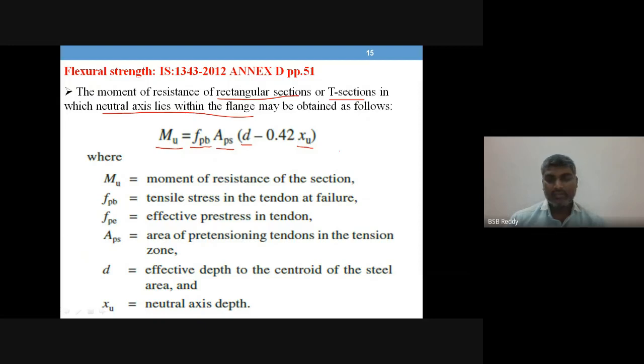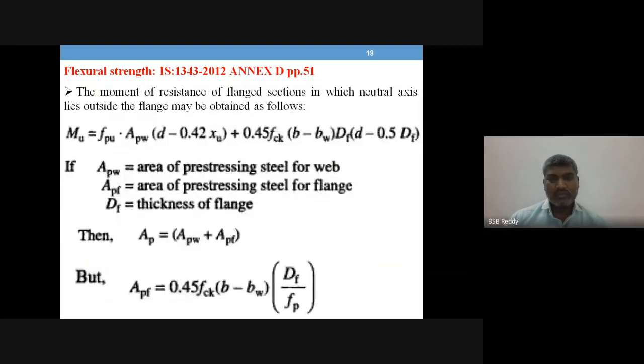lies in the flange. And we have seen another formula for the case of flanged sections with the neutral axis falling outside the flange. For that, the formula from the textbook I read has a little change in the notations.